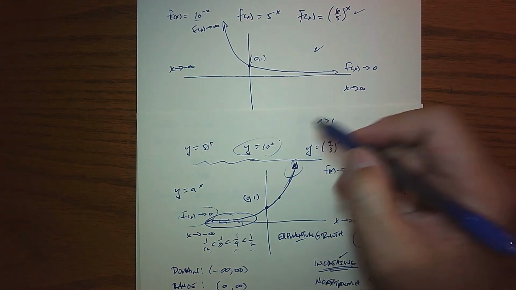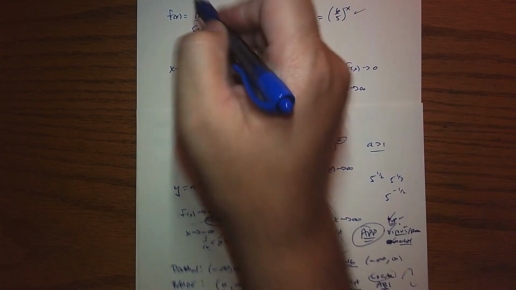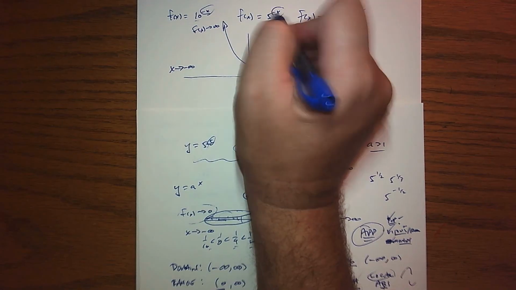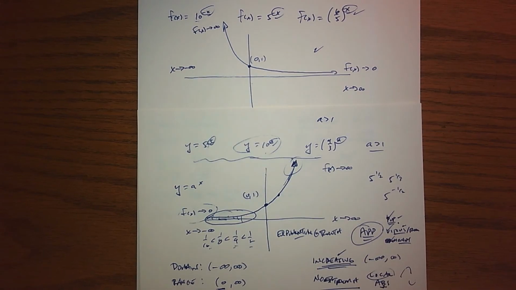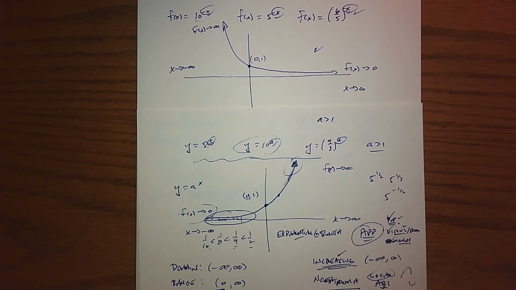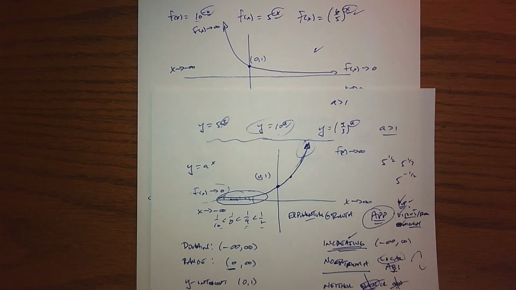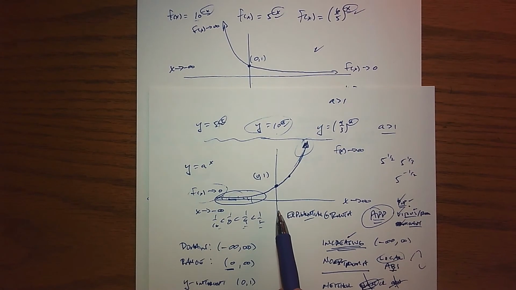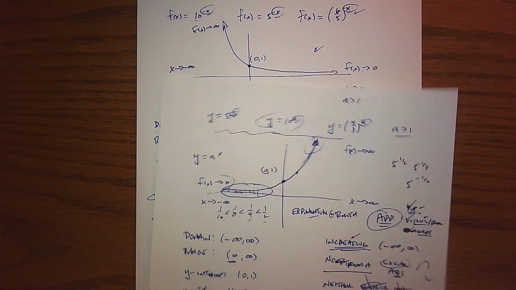But what's different is that in a growth model, the x power is positive, and in a decay model, the x power is negative. That's the biggest way I can tell whether something's a growth or decay model. Another way is to look at its graph. If it behaves like this, it's an exponential growth model. If it behaves like this, it's an exponential decay model.